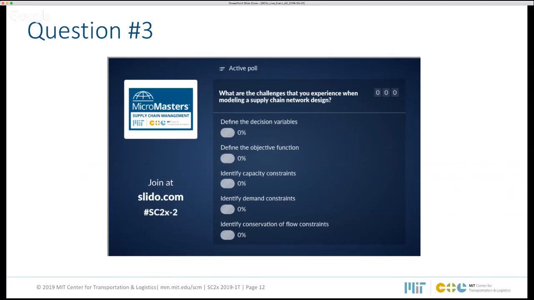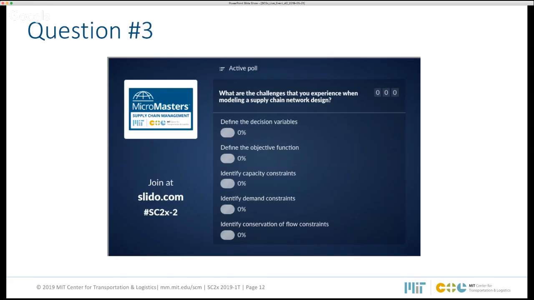With that, let me ask you the third question. Let's go to the poll. The question I have prepared is about the challenge you experience when modeling a supply chain network design. What do you struggle most with?